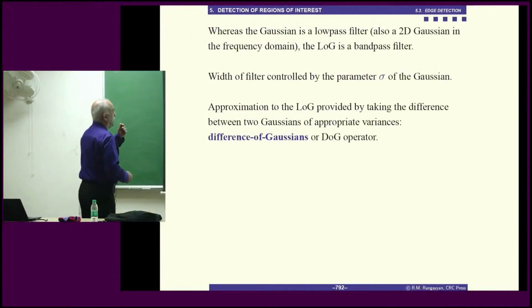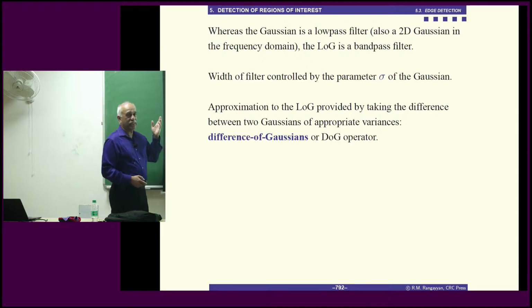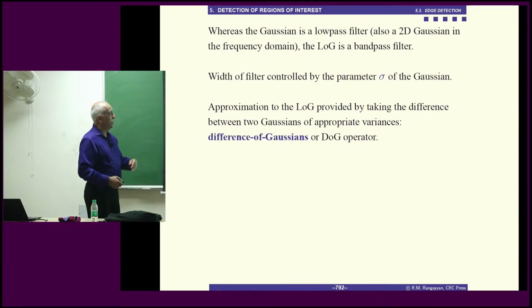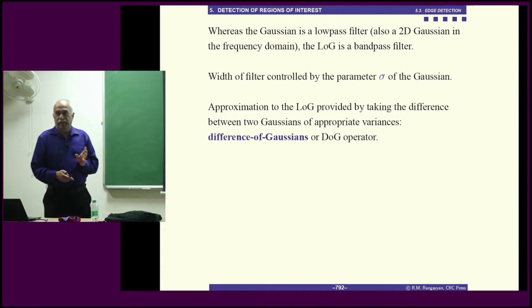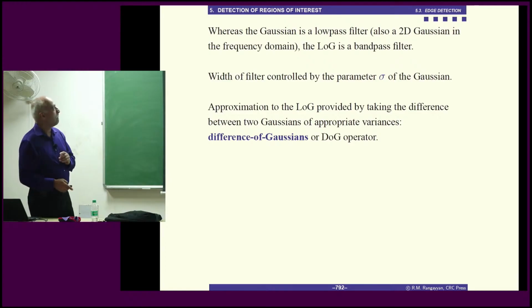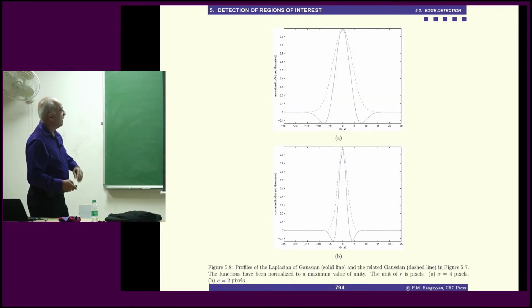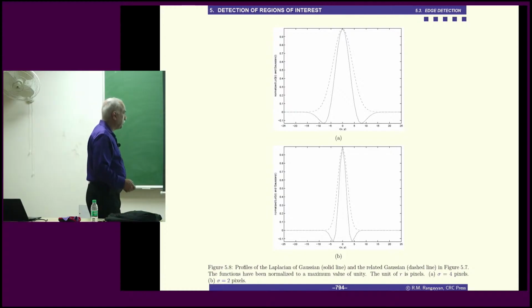An approximation to the LOG operator is provided by taking the difference between two Gaussians, and that's known as the DOG, or if you want to call it dog, you could, but that's a difference of Gaussian operators. If you take a section, the Laplacian of Gaussian looks like this: positive, negative, and negative here. That is just the Gaussian, the dashed line.